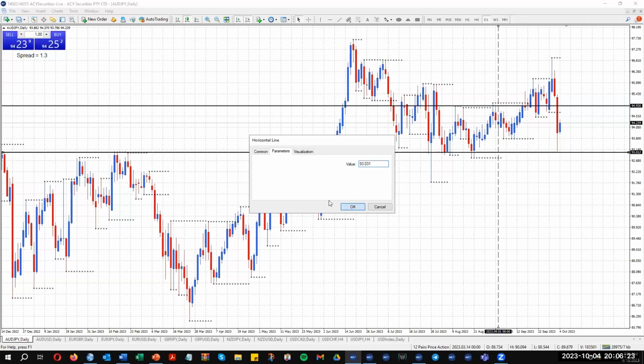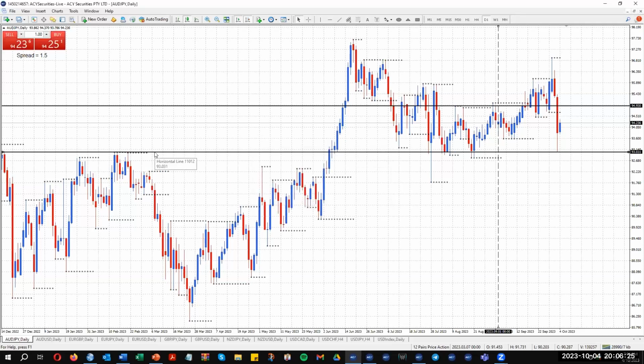Interesting, where did price move down to yesterday when the Bank of Japan intervened? Right down to 93.031. Went down to, out of interest, 93.06. All right, so at the start of the month, I'm going to get rid of that line now.